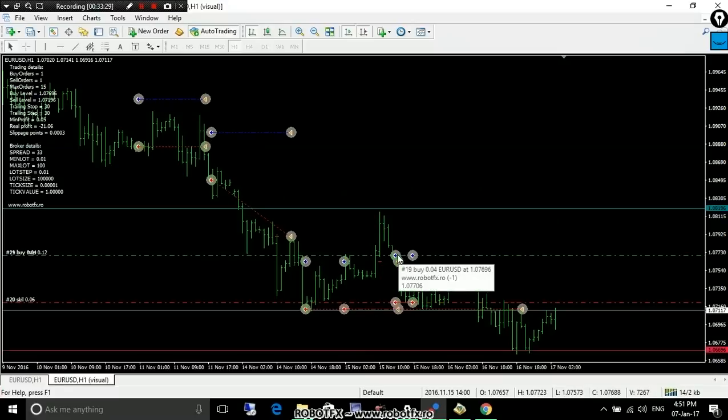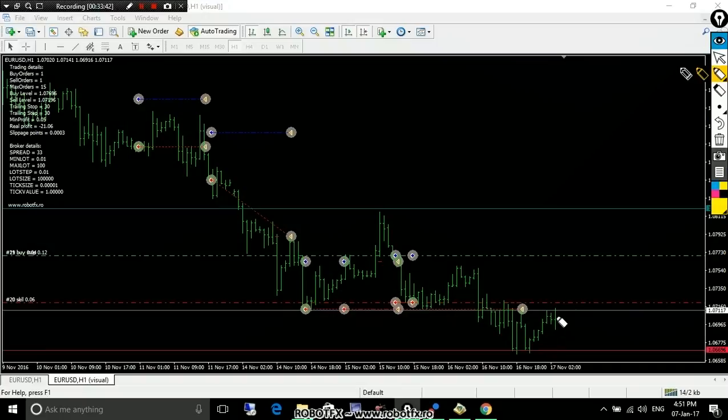Buy 0.04 and open buy 0.04, a buy order and a sell order 0.06. And in this case, the expert advisor doesn't aggressive hedge because it doesn't need to, due to the fact that the sell order lot size is still bigger than the buy order lot size. So if the price continues to drop, the profit will still increase.